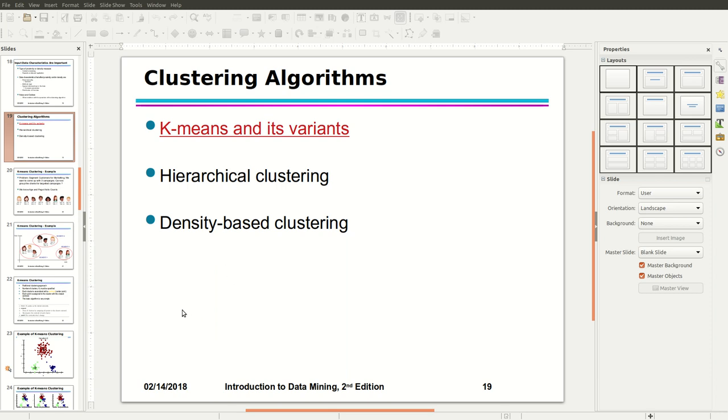But one easy way to reduce SSE is to increase K, the number of clusters. But again, if we have too many clusters, that's also not desired. That is sometimes not the objective of clustering. We want to summarize data, and therefore we want to reduce the number of clusters in many applications.